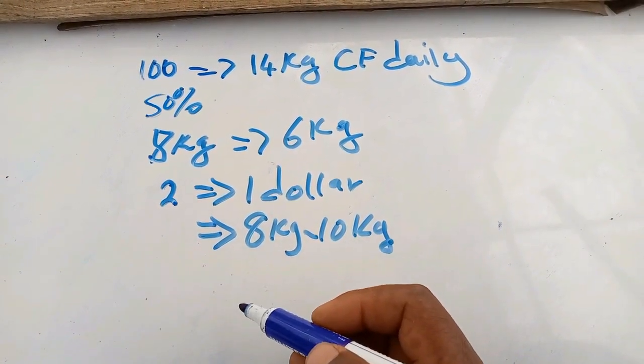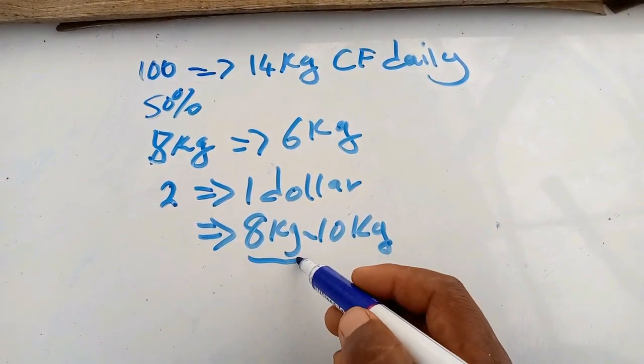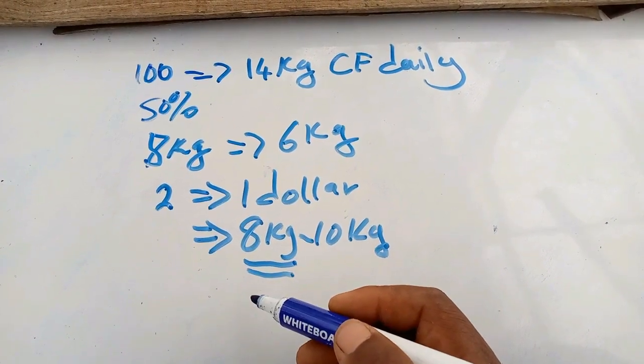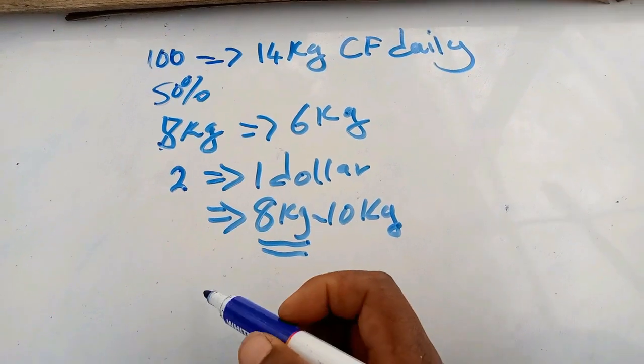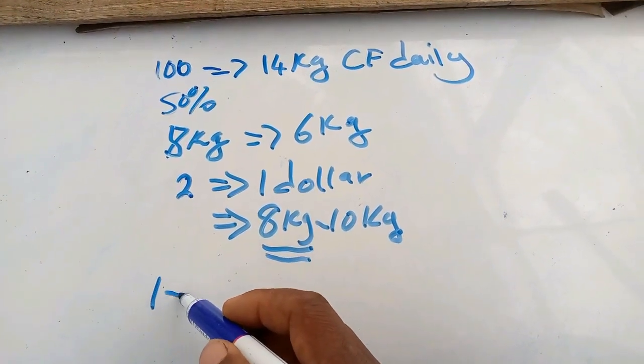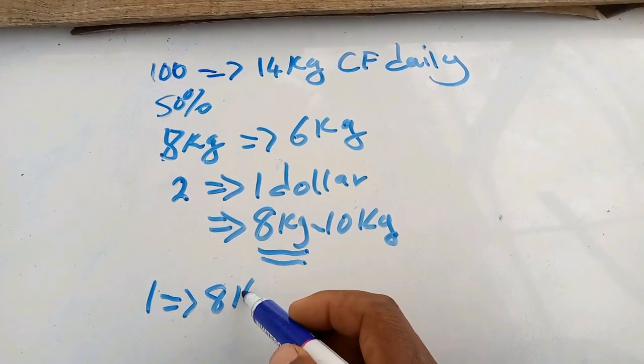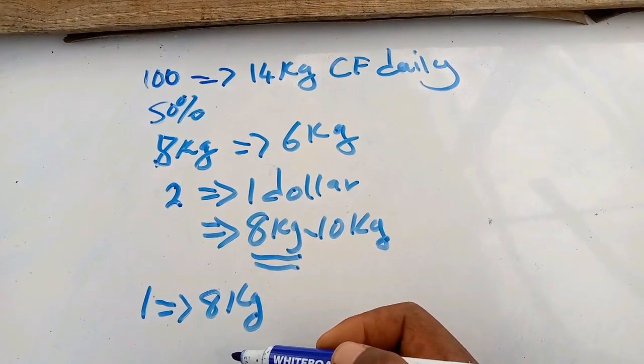So if we take the lower limit as 8 kg, that means $1 is equivalent to 8 kg of fodder.